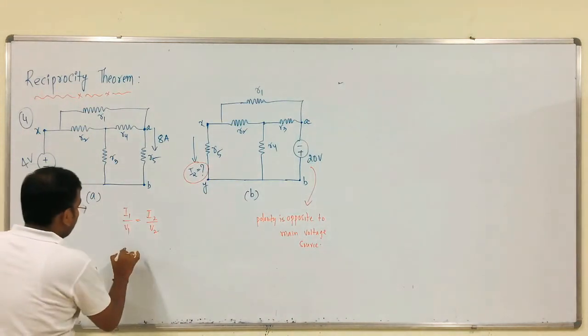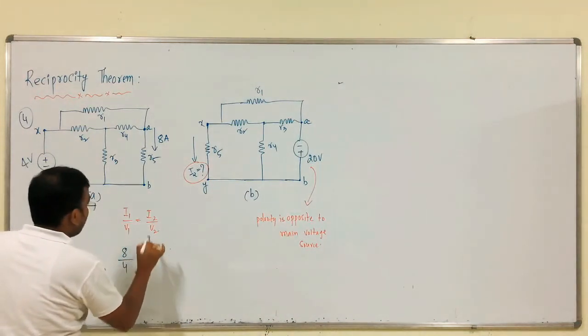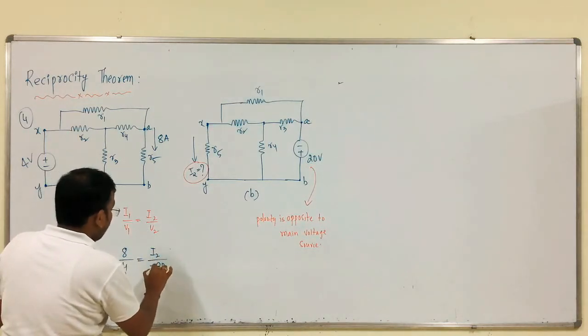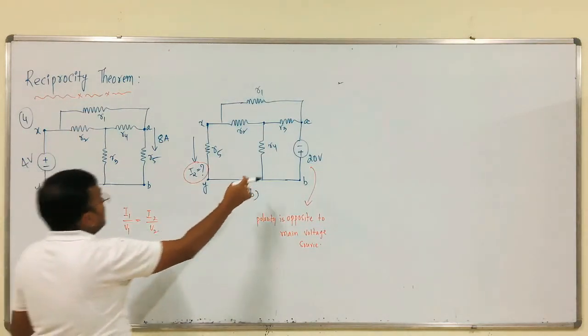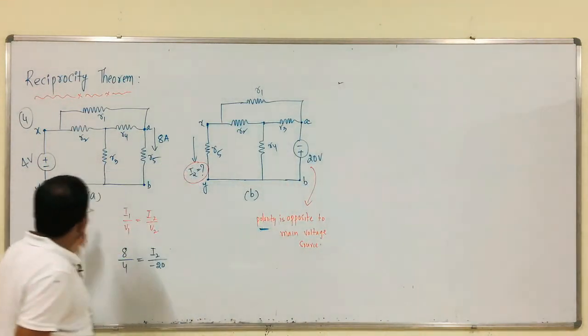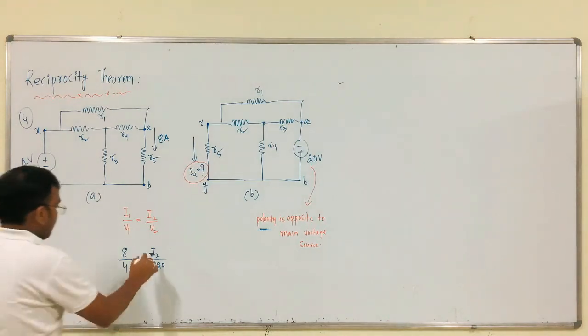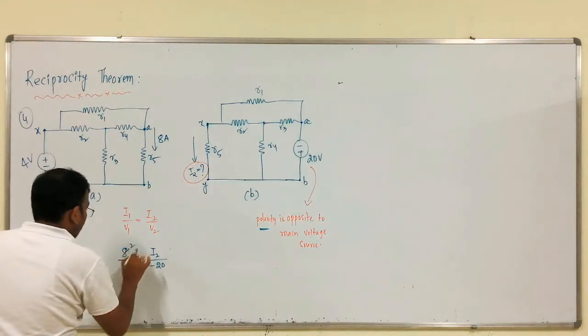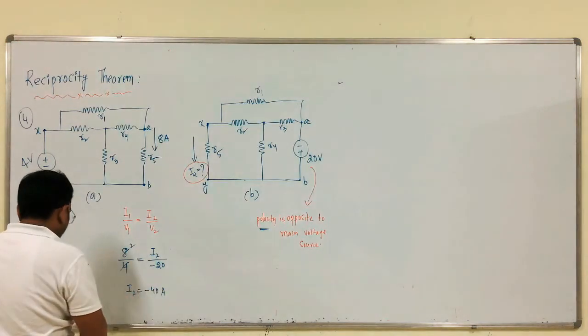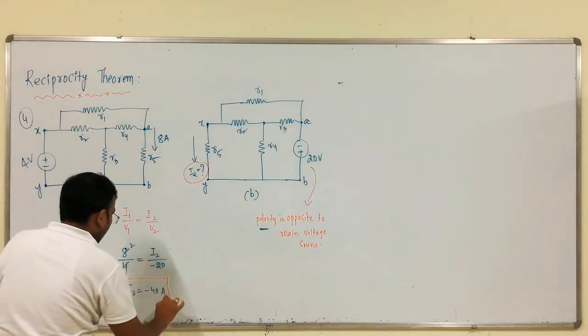I1 is 8 by 4, which is equal to I2, we do not know. V2 is minus 20. Why minus 20? See, here we have plus minus, here minus plus, which is opposite to this voltage source. That is why I2 should be equal to minus 40 amps. That is it. Answer is over.